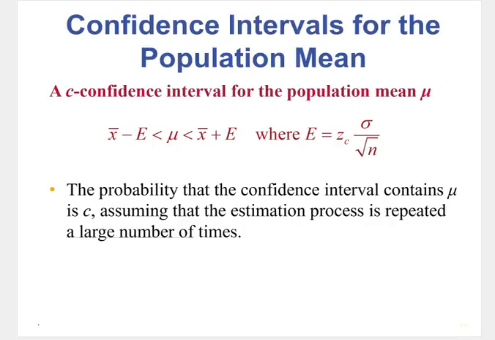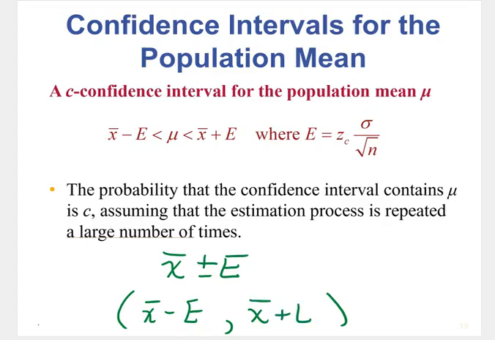All right, so how do I create a confidence interval for my population mean? All I have to do is take my sample mean and add or subtract the error to get the low end and the high end. You can see it written different ways. Some people will write it as x bar plus or minus e. You could also write it in interval notation, where the low end is x bar minus e and the high end is x bar plus e.